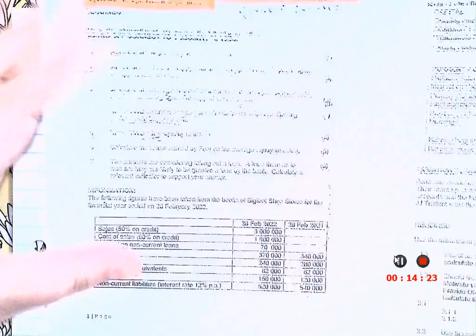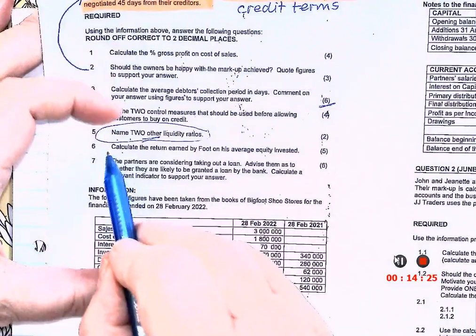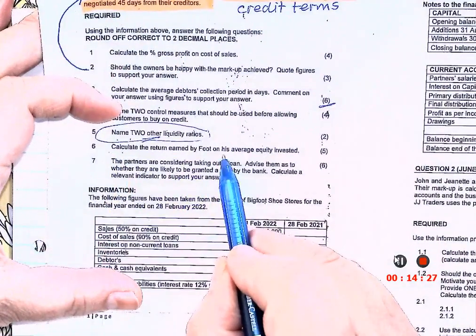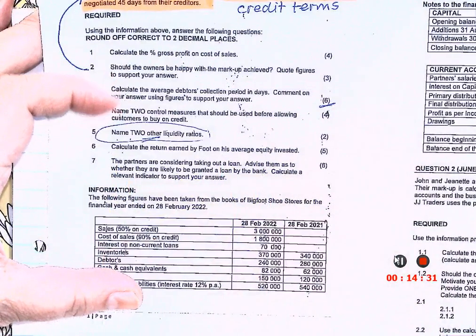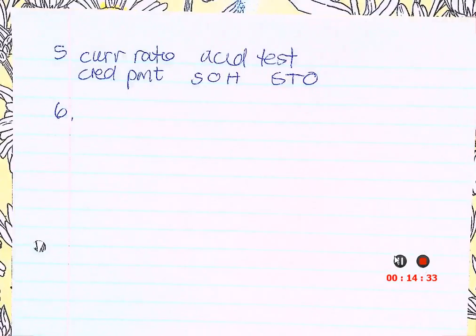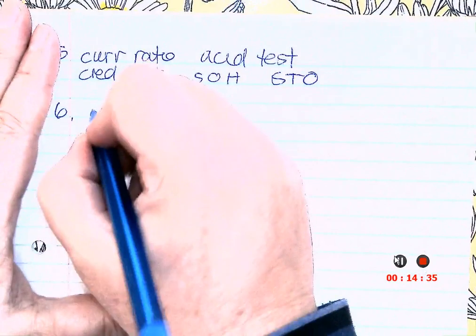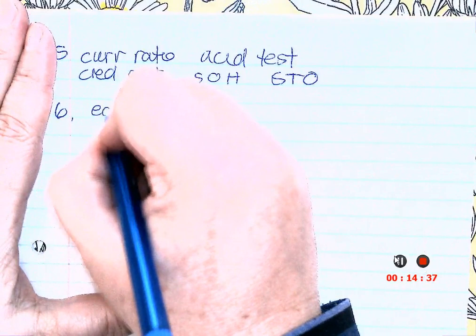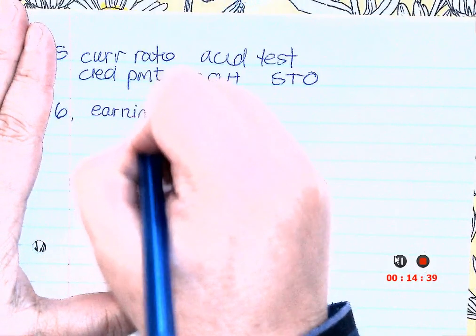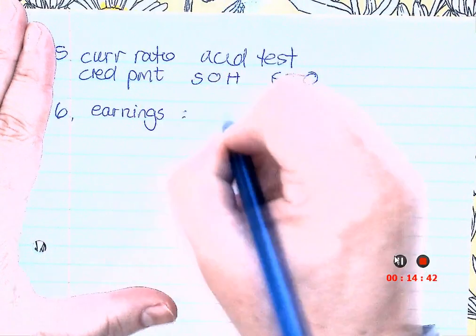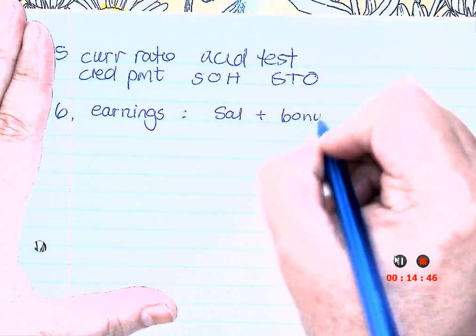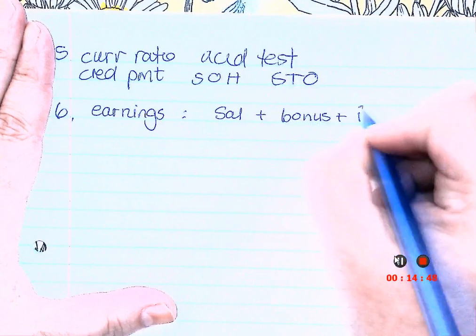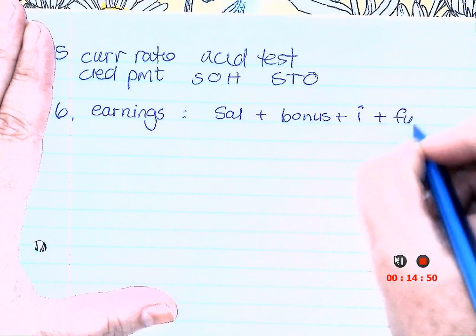Calculate the return earned by Foot on his average equity invested. Now let's quickly look. We want the earnings. What is the earnings again? It's his salary, his bonus, his interest on capital, and the final distribution of profit.